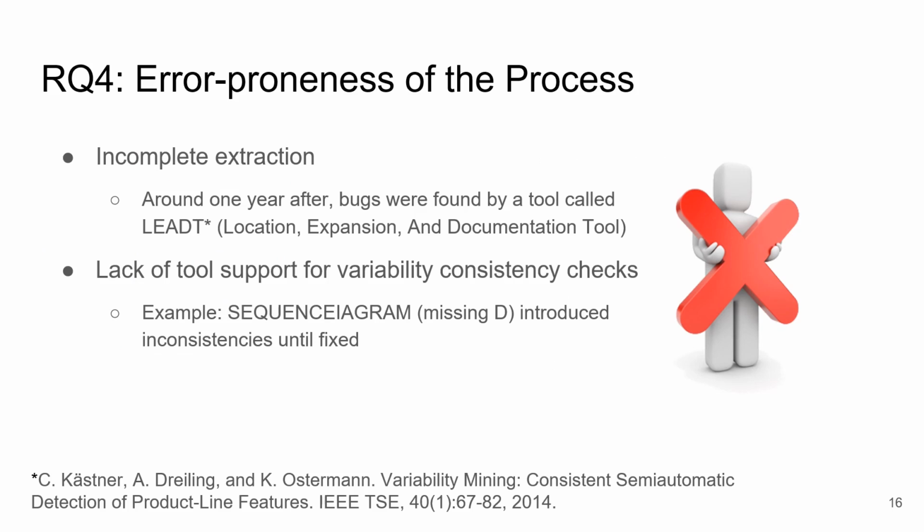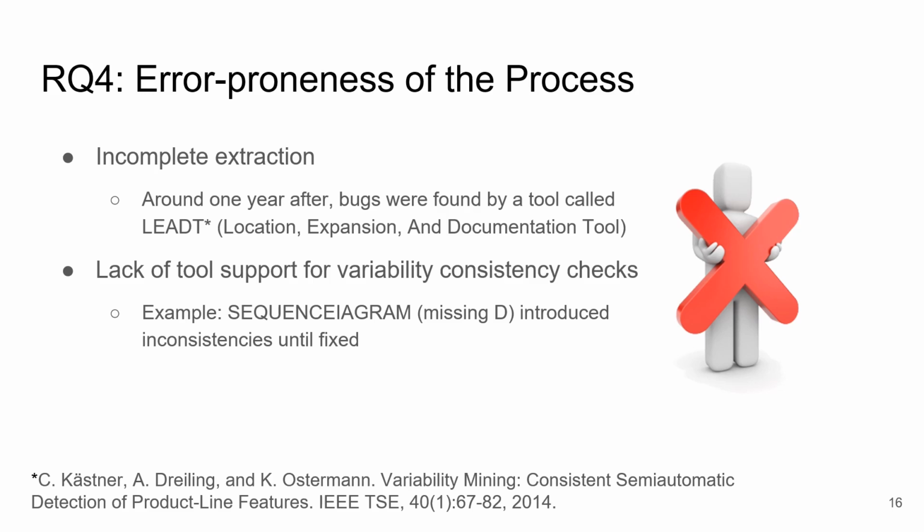Regarding our insights into errors introduced during the process, we had 2. One is that, as with any complex software engineering process, variability bugs exist. In our study, the use of a tool was helpful to discover some of them, and they were fixed.